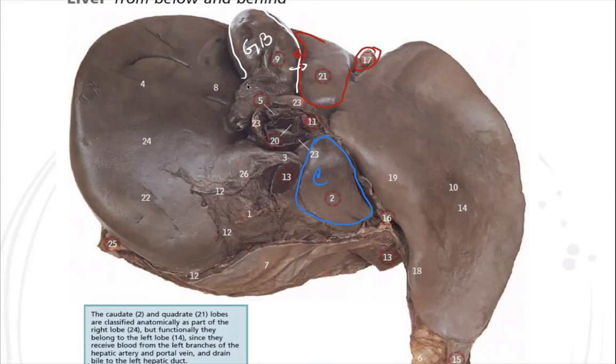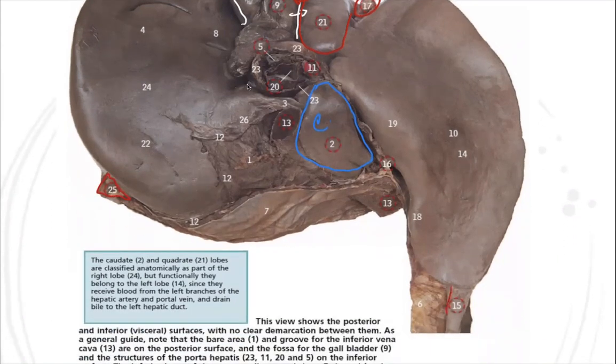So you can see the part of the falciform ligament, which is number 17. On the sides, as I mentioned, you will have some triangular ligaments. So this one, number 25, is your right triangular ligament, and number 15 is your left triangular ligament.